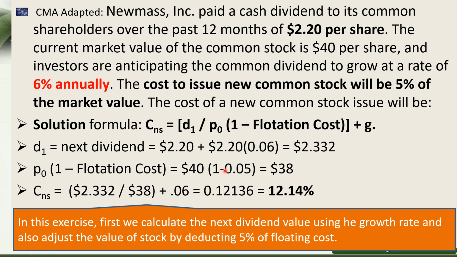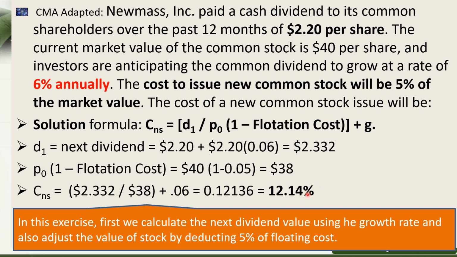That is nothing but 95% of the 40, so that is $38. What is 5% of 40? It is 2. So accordingly 40 minus 2 is $38. If you apply that, you get 12.14% as the cost of new stock.